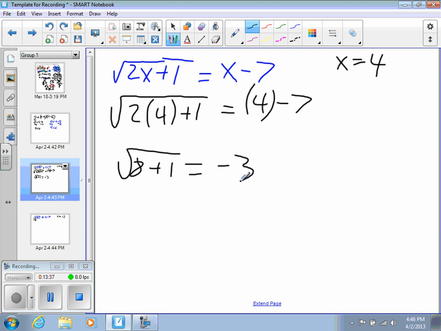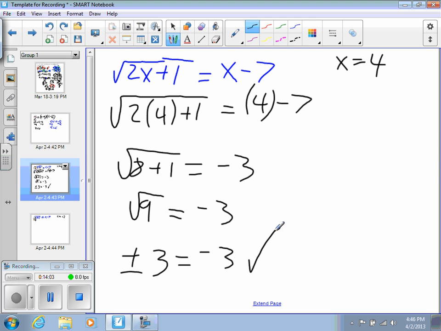And then 8 plus 1 gives me 9. And the square root of 9, of course, equals plus or minus 3. And so a negative 3 will check. And so 4 checked out as an answer. This one will definitely work.